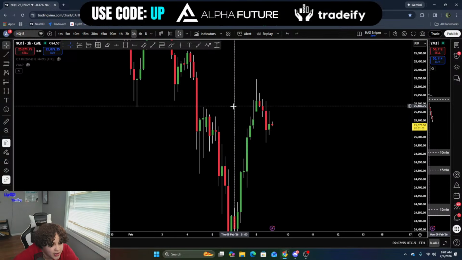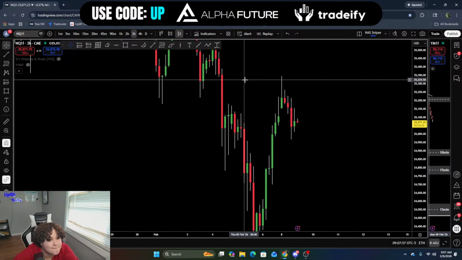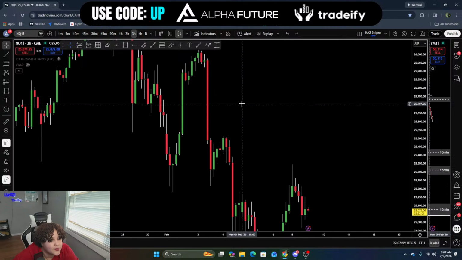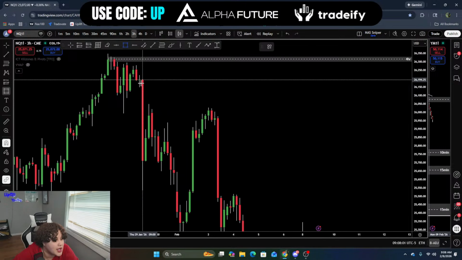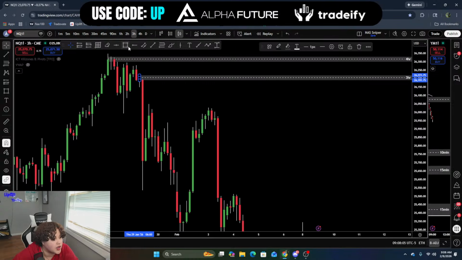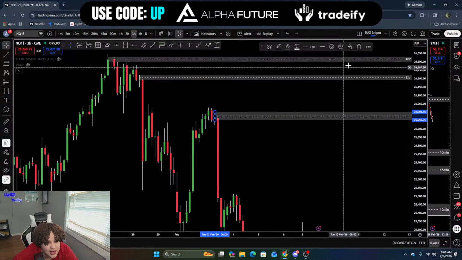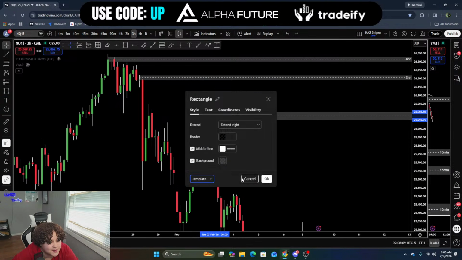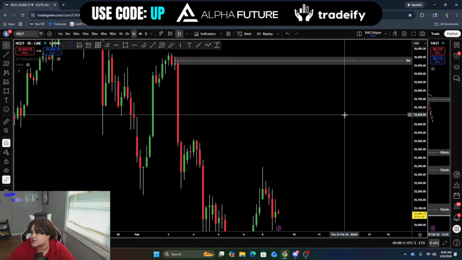Down to the 3 hour time frame. I know we have a couple of 3 hour supply zones, but again, they're just far away from price, so it's not good enough. It's too far from price.